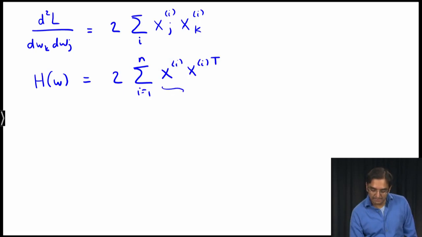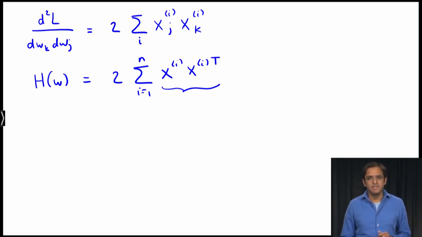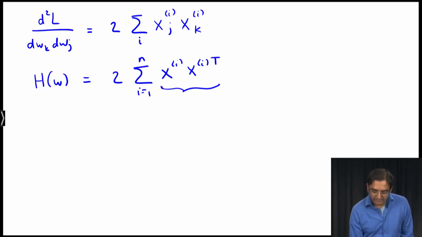Okay, this is a d by d matrix over here. So that's the Hessian. Is this positive semi-definite? Well, this particular term here does have that U U transpose form. So this is positive semi-definite.